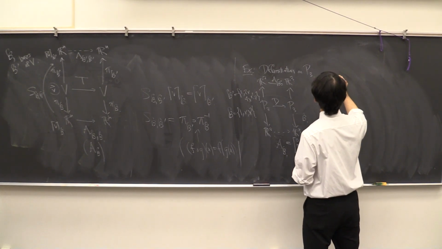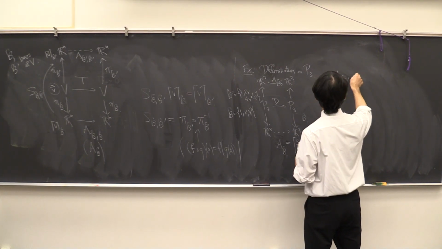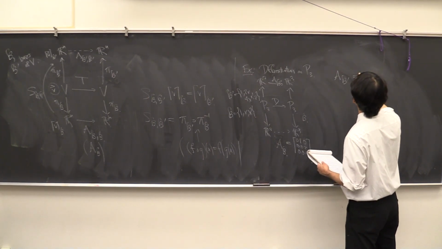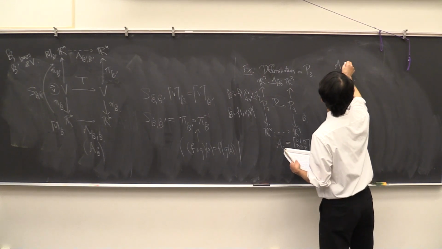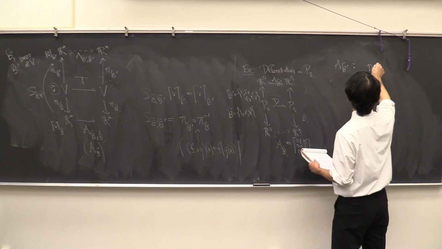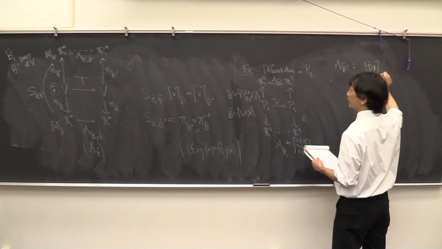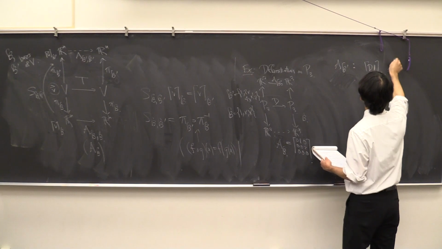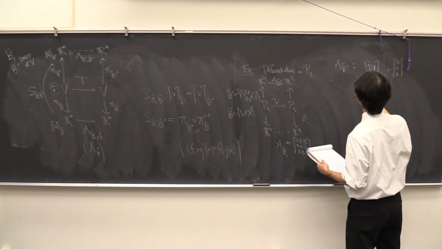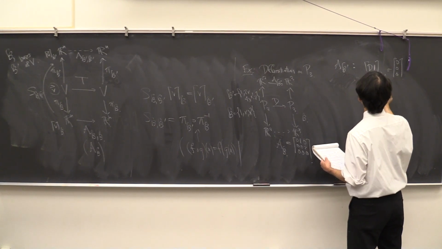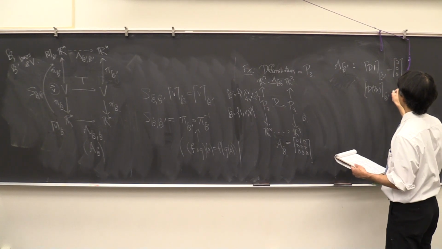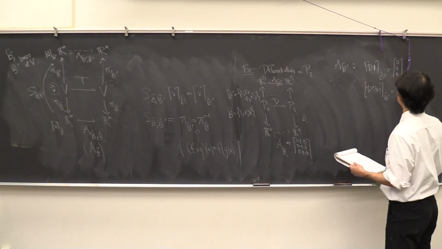Actually, let's just calculate what A sub B prime will be. Well, D of 1 is 0, expressed with respect to the B prime basis, that's going to be 0, 0, 0. Right? D of 2x is 2, with respect to the B prime basis, it's going to be 2, 0, 0.